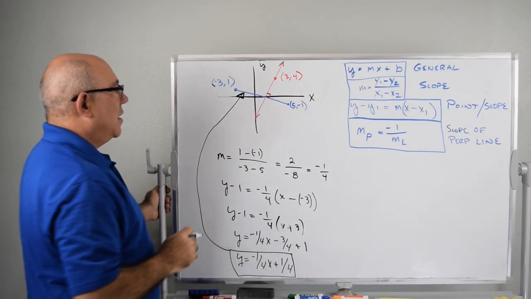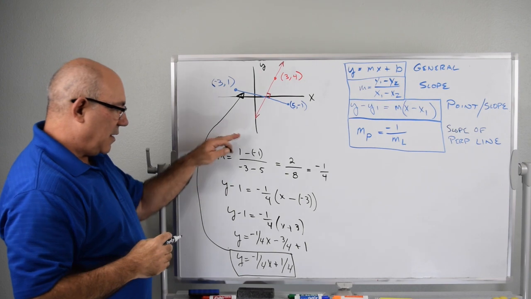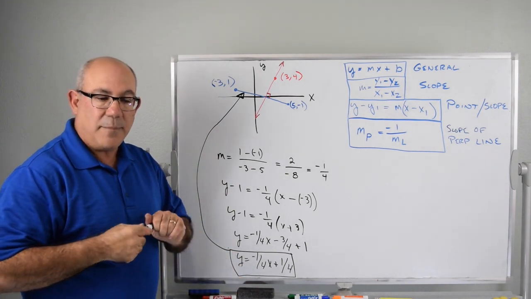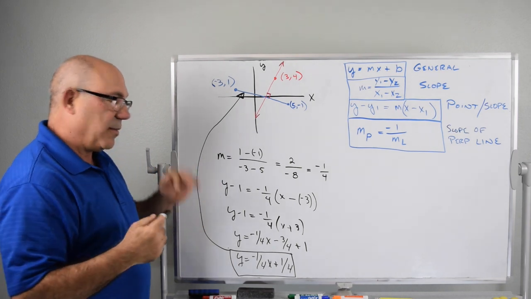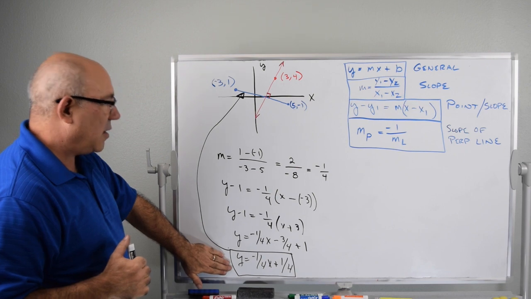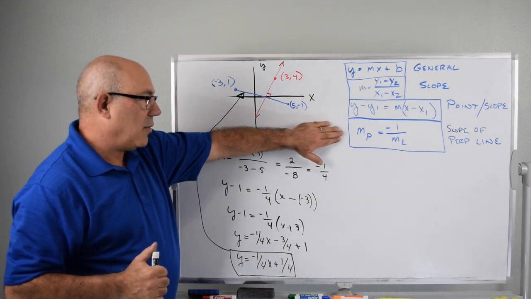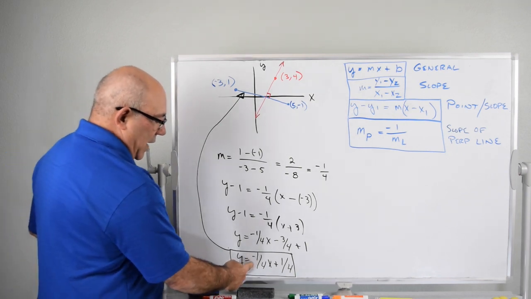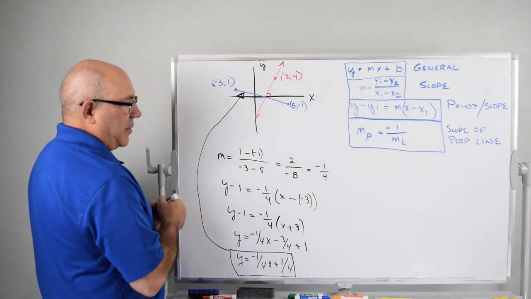Okay, so the first part of this is done. Again, I did this really quick, but you can go back and review that other video I pointed to, which has a couple of examples on how to do that. So now we're going to take this slope and this point. We have to take this slope and flip it over.